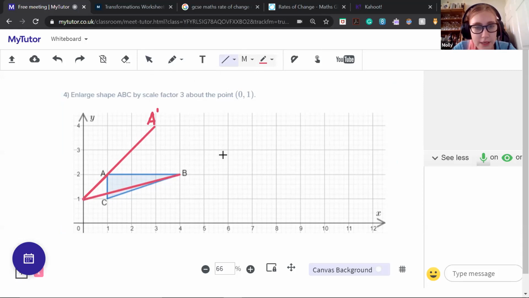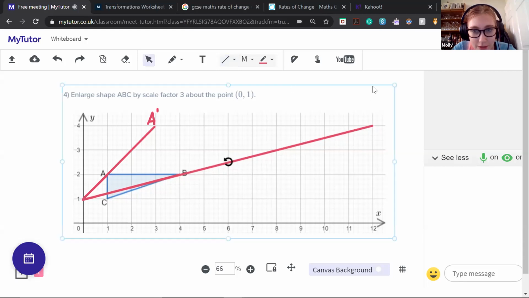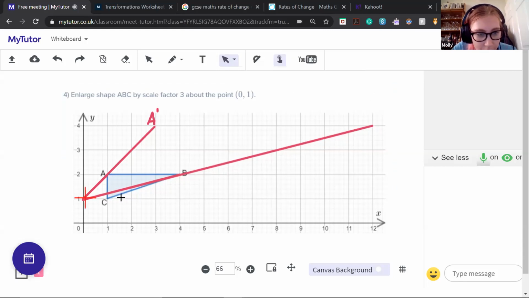So let's see what's been done here. Well, we've gone this diagonal, so it's along 4 and up 1. So let's do that 3 times in total. So we start here, we do it once, we do it twice, we do it 3 times. So can you see how each time we've gone across 4 and up 1, across 4 and up 1, across 4 and up 1.